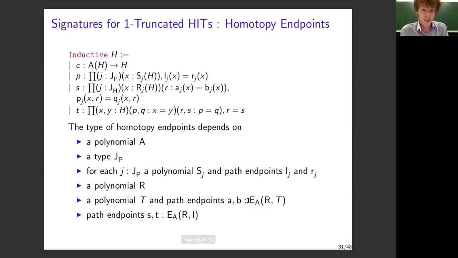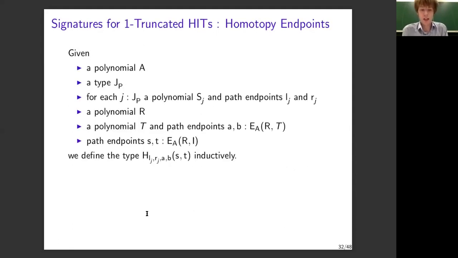Okay, this is all the data, but each of these paths must have a source and a target. They are not just any paths. So you say that you define the type of homotopy endpoints with source S and target T. So you also must give two path endpoints which describe the endpoints of the path we are describing. Given all this data, we define the type of homotopy endpoints by induction.